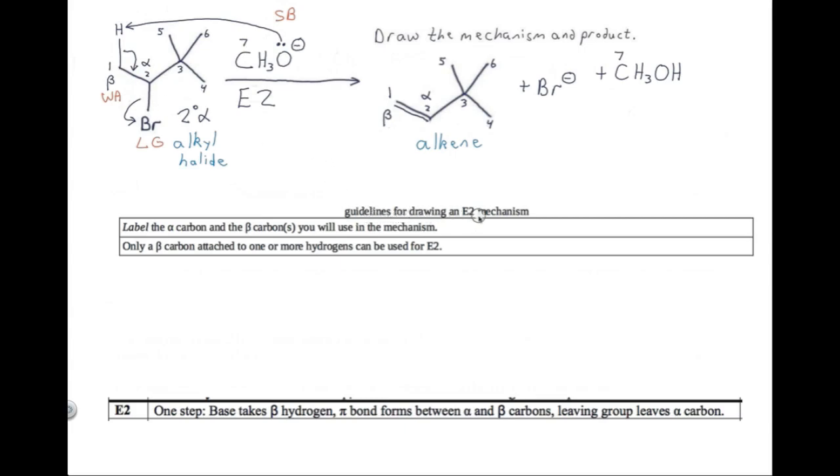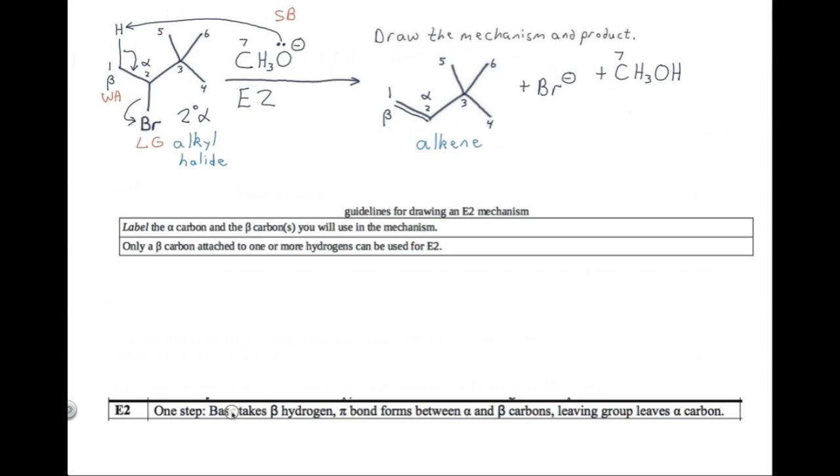You will make fewer mistakes for E2 if you always label your alpha and beta carbon. We also used the idea that only a beta carbon attached to one or more hydrogens can be used for E2. Carbon 3 is also a beta carbon, but it's not used for the E2 mechanism because it's not attached to any hydrogens.